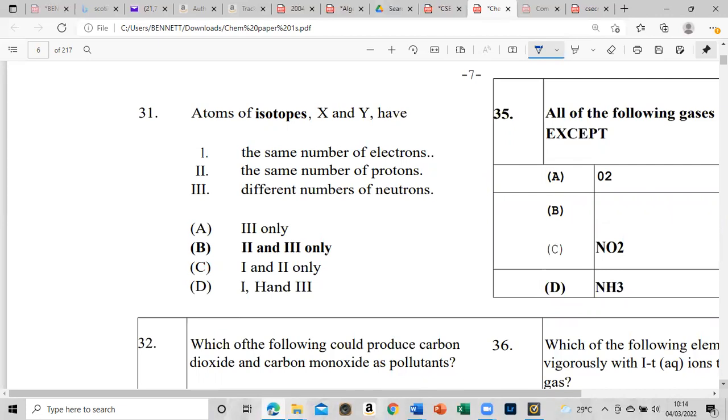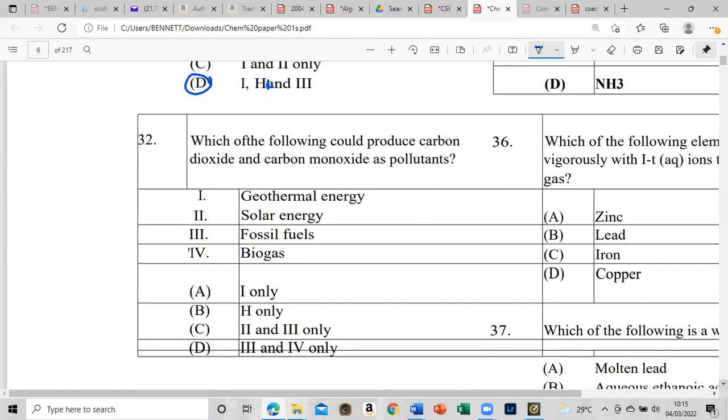I don't see an option for that. All right, so I'm going to say that this is 1, 2, and 3, because I'm not seeing the answer there. 32.